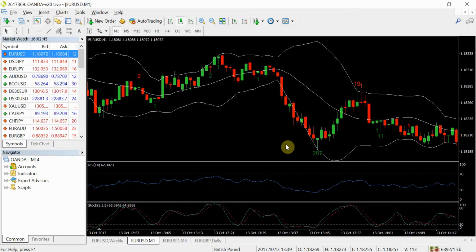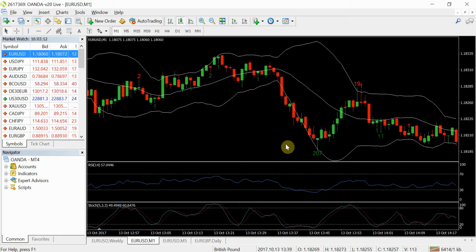So price has now gone outside of the realms of normality for the current level of volatility. So should we take this trade? Yes or no? Just based on that information, yes, you should. It's a pin bar showing at an extreme level, not only where price hasn't been in the short term for a long time, but also outside of the bands of volatility.